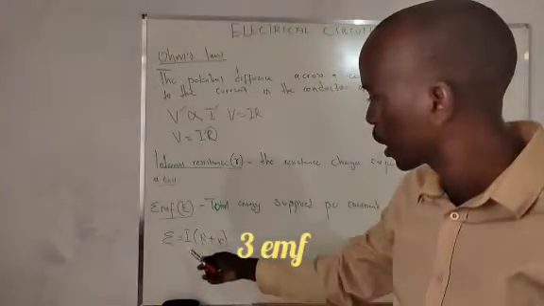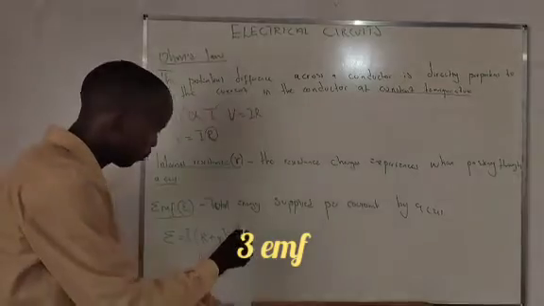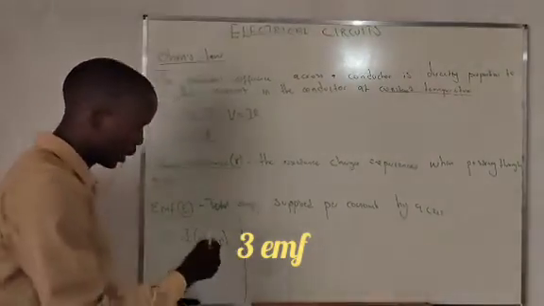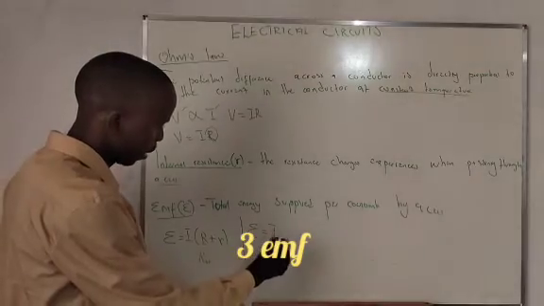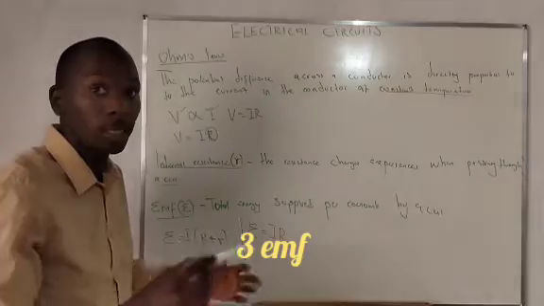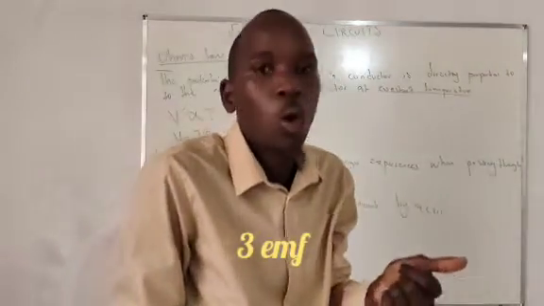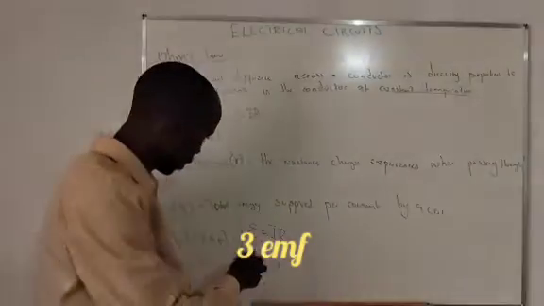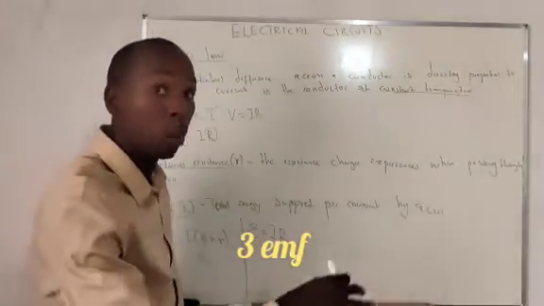And that is the formula for EMF. Let us play around with this formula of the EMF. EMF can be given by I R plus I r. I is the total current anywhere in the circuit, inside the battery and also in the external circuit outside the battery.